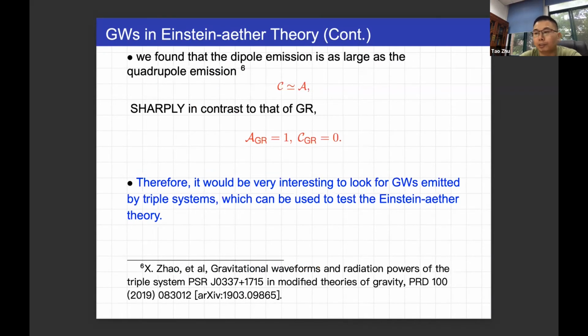For these systems, we find that the dipole radiation can be as large as the quadrupole radiation. Actually, this is very different from that of GR. Therefore, it would be very interesting to look for gravitational waves emitted by the triple systems. This may provide a way to test the Einstein ether server with observations of gravitational waves from the triple system in the future.